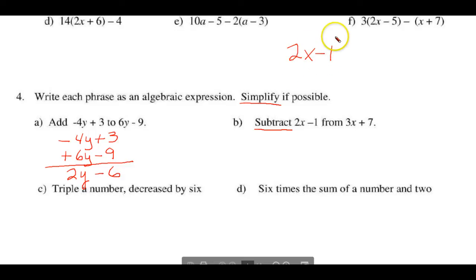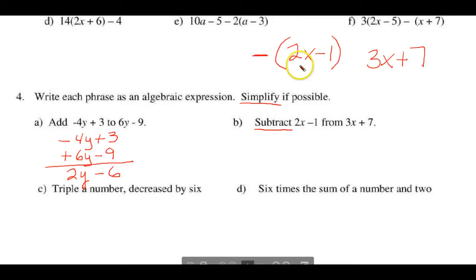Now they want us to subtract that. So I'm going to put it in parentheses and put a negative sign in front. So I've converted subtract this from this. So I'm now going to write that 3x plus 7.